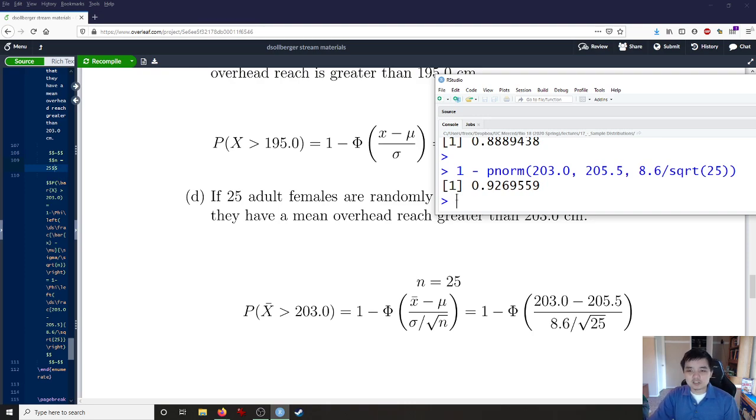We make a similar adjustment when we type in the code into RStudio with the square root of 25 here at the right side. And we'll get an answer of about 93%.